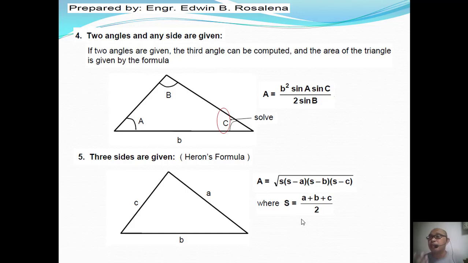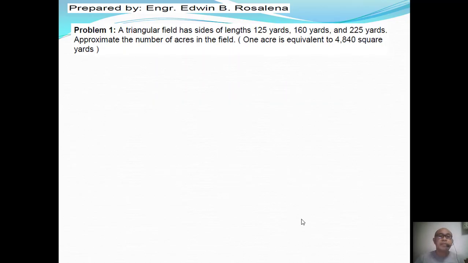So when we now solve problems, any of those formulas can be used in order to answer the area of the polygon. To illustrate, we have here number 1. A triangular field has sides of lengths 125 yards, 160 yards, and 225 yards.